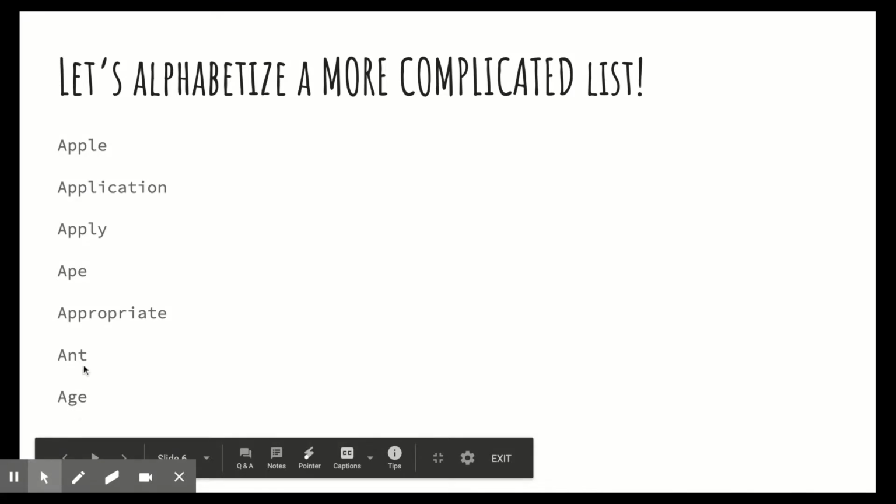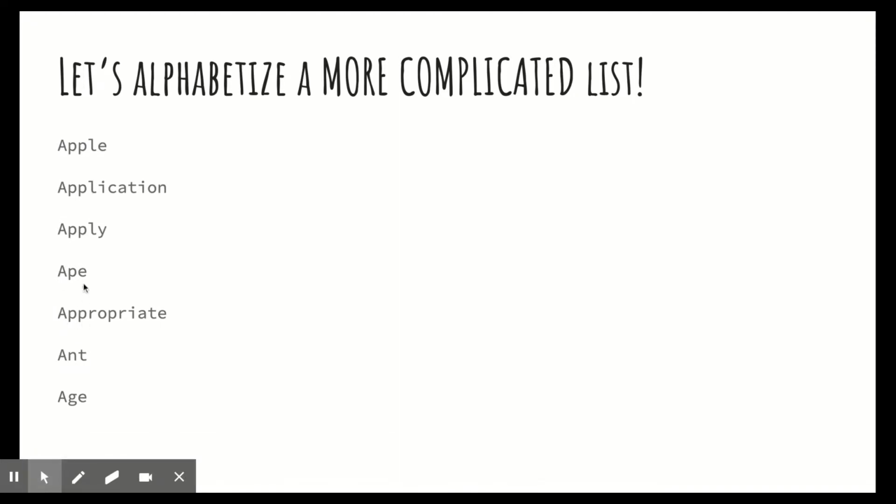Okay, so I know based off the alphabet that A-G-E, age, is going to come first. And then A-N-T, ant, is going to come second. And ape, A-P-E, is going to come third. Because all these other words have A-P-P, E comes before P in the alphabet.